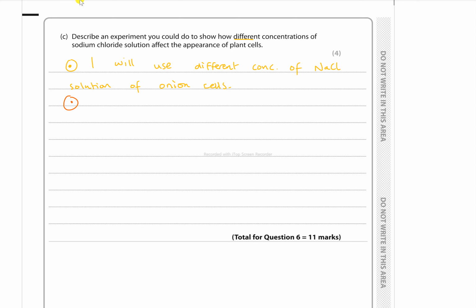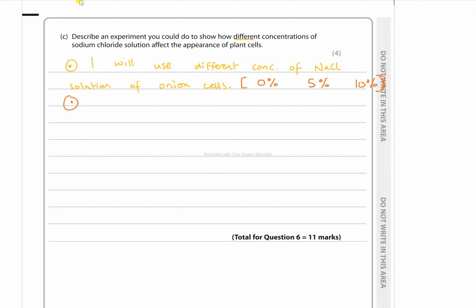For example, 0% as the control, 5% concentration, and 10% concentration.